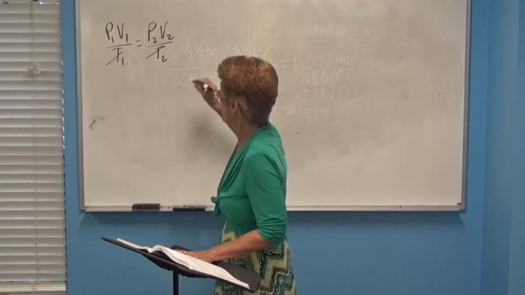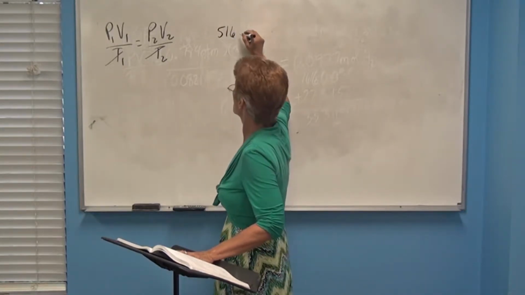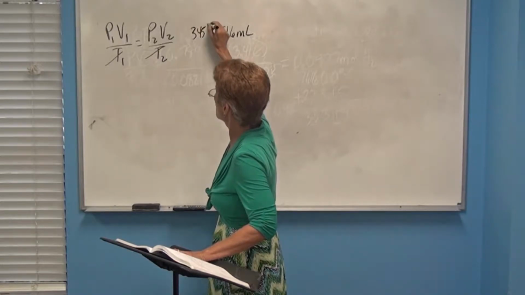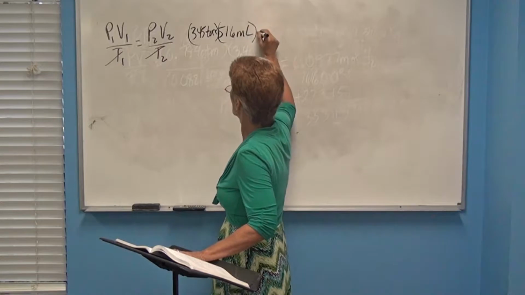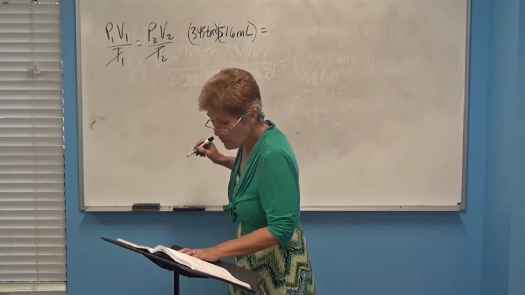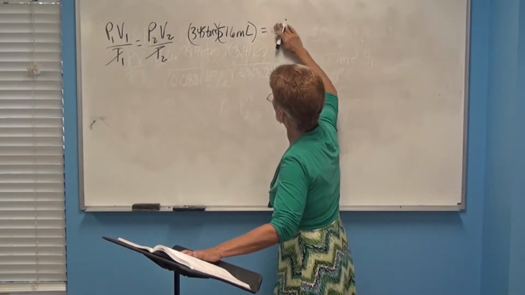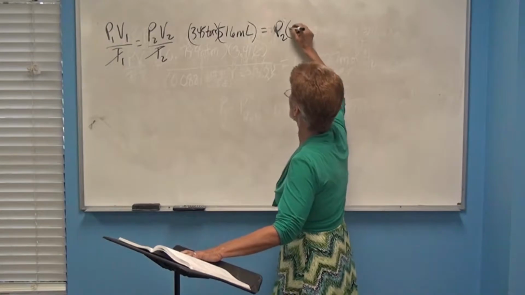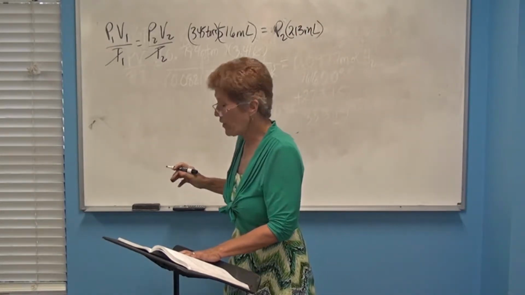It starts out with a volume of 516 mils, and a pressure of 345 torr. The volume decreases to 213 mils, and we want to know what is the new pressure.